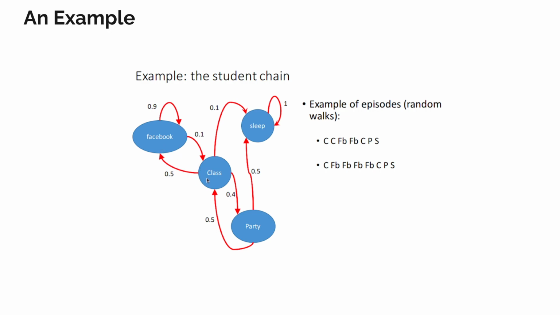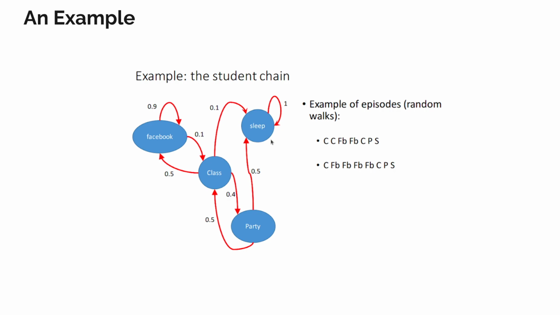With 50% chance you will do Facebook again. You will sleep with 0.1 probability, and after class you will go to a party with 40% chance. After the party you will go to sleep with 50% chance, or go to class with 50% chance. If you are sleeping, you will keep sleeping with 100% probability.